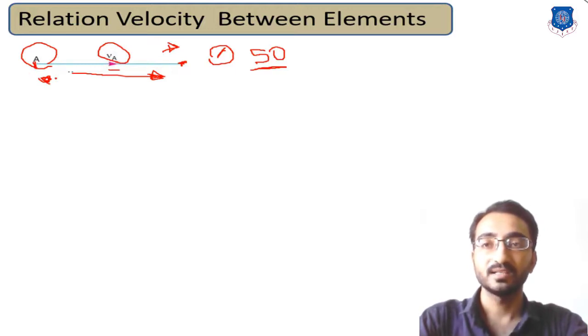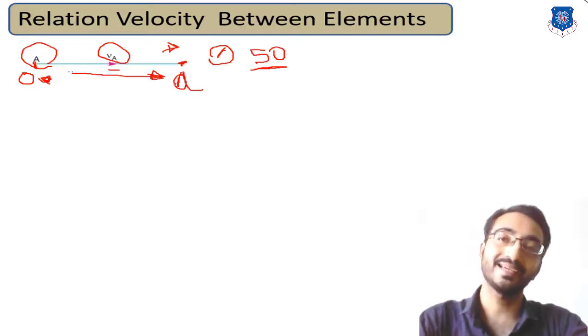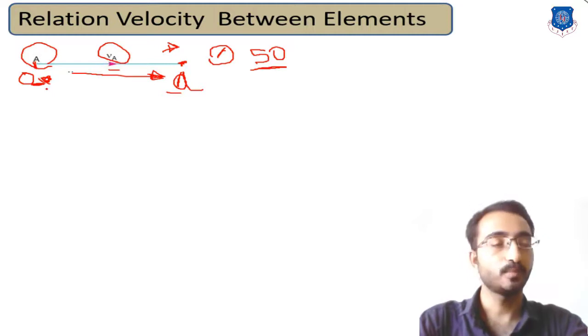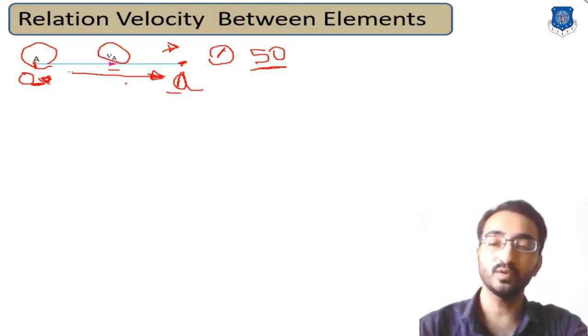If you consider this line as a line with points O and A, the particle is moving from point O to point A. So this O is your reference point, your fixation point, because with reference to it the particle is moving in this direction by this amount.